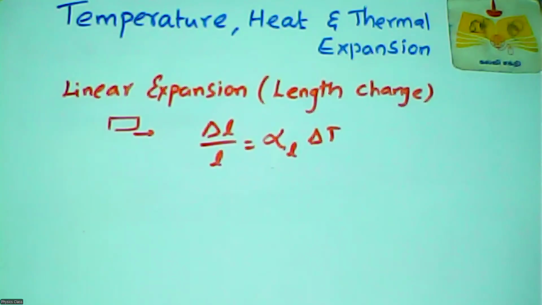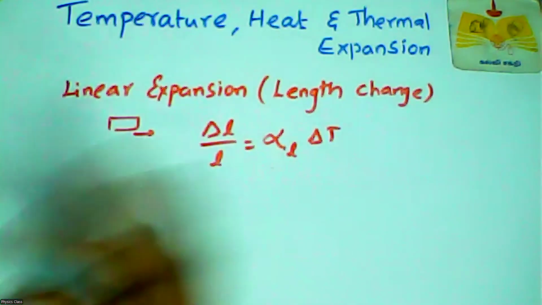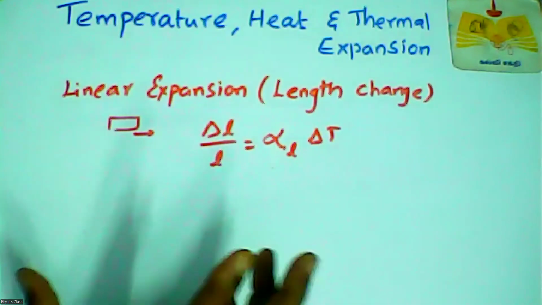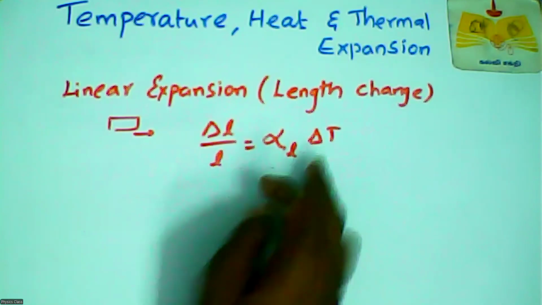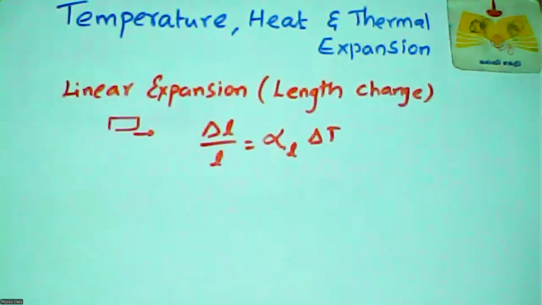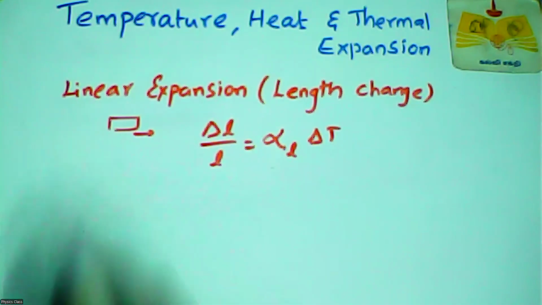Del L means length change, L means original length, alpha L means coefficient of linear expansion and del T means temperature change. Clear? Okay. Now volume expansion.